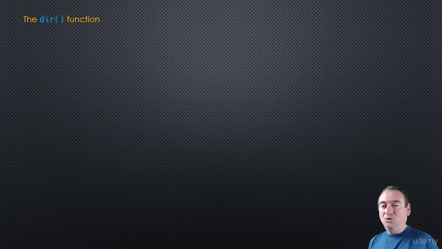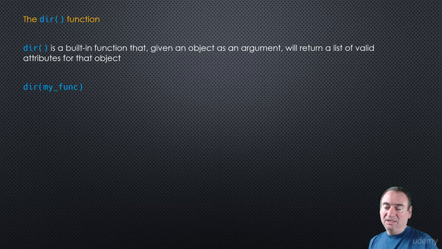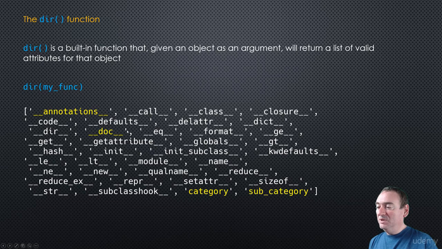We can look at all the different attributes that are available on a function by using the dir method. It's a built-in function that, given an object as an argument, will return a list of valid attributes for that object, in particular a function. For example, we can call dir of myfunc, the one that we just created, and we'll see it has a bunch of stuff in here.